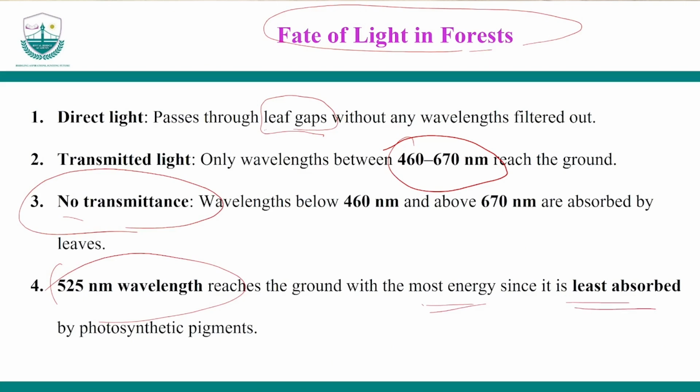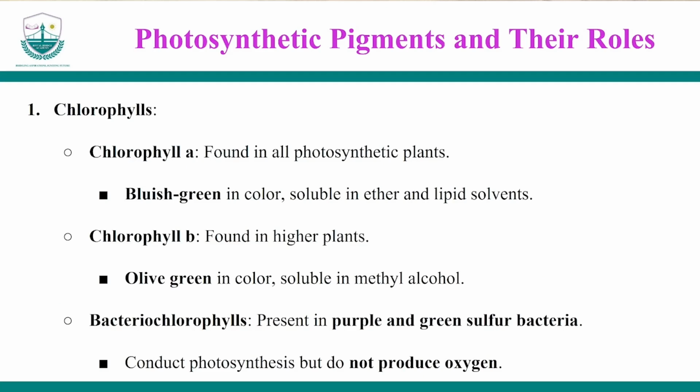by the photosynthetic pigments. So let us look at these pigments. Chlorophyll is the pigment that we usually talk about, but it has two forms: chlorophyll A and chlorophyll B. Chlorophyll A is found in all photosynthetic plants and appears bluish green in color.